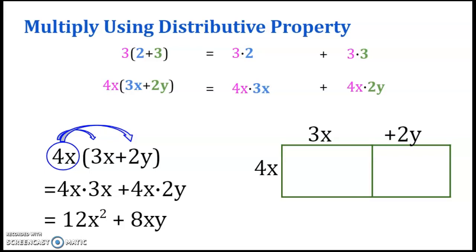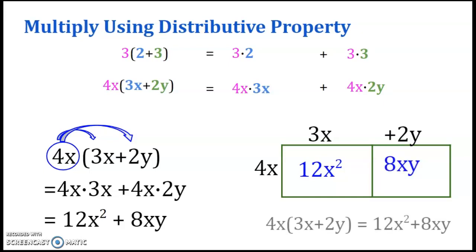And to find the total area, 4x times 3x plus 2y, you're basically multiplying the length by width. It is going to be the same as 4x times 3x, so you multiply that separately. And to that, you're going to add 4x multiplied by 2y. And you get the same answer. Okay, so you've done this using the area model last year.